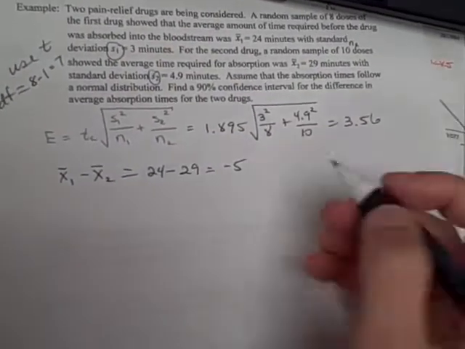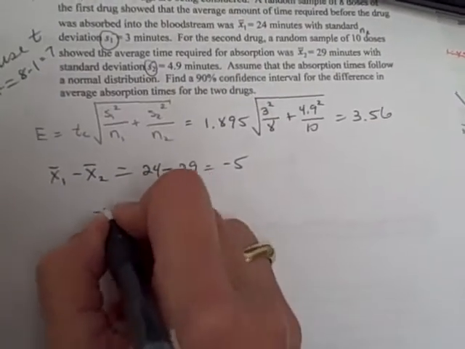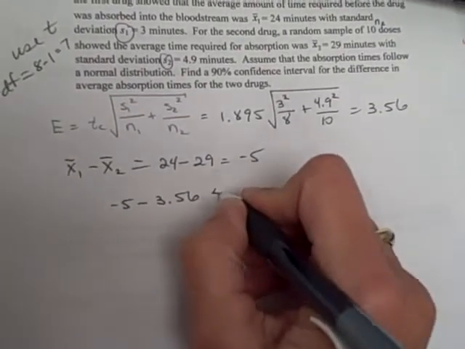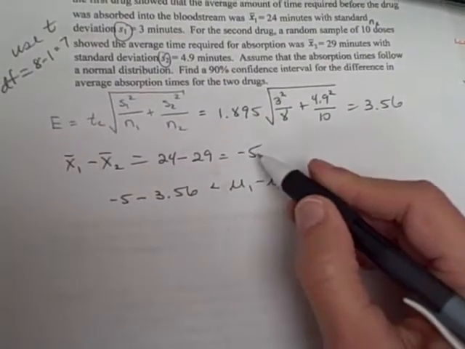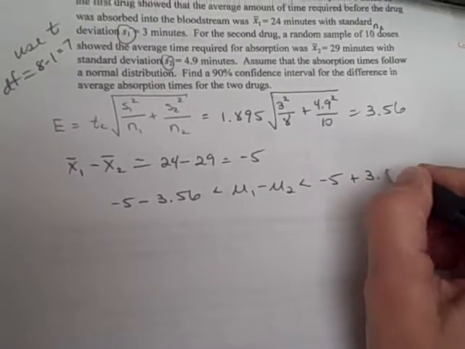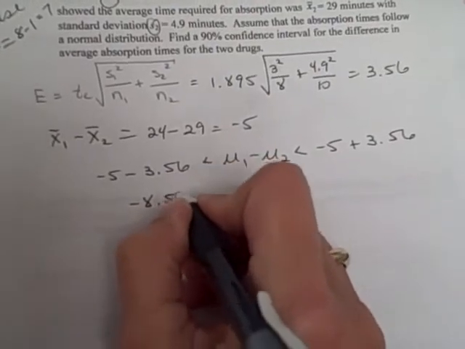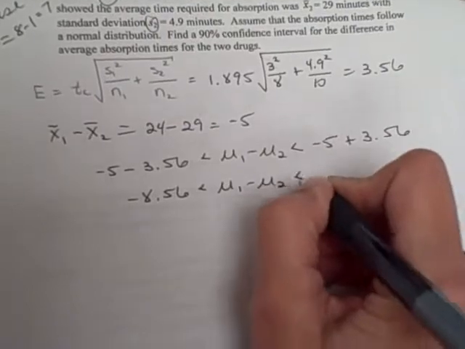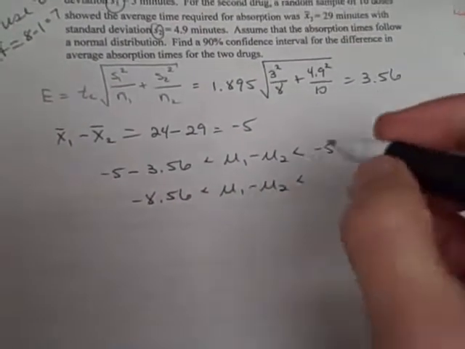Now, my confidence interval is the x bar 1 minus x bar 2 minus my E is less than mu1 minus mu2 is less than this x bar 1 minus x bar 2, so negative 5, plus E. Okay. So when we work this out, we get negative 8.56 is less than mu1 minus mu2, which is less than negative 1.44.